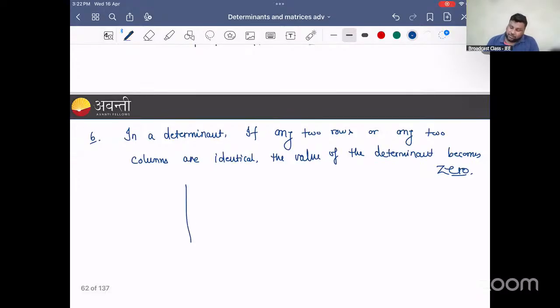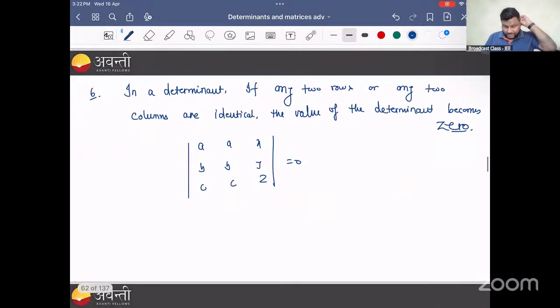That means if I talk about the value of the determinant of ABC, XYZ, then its value goes 0. Correct? And this can be easily achieved if you expand this determinant along the third column. Understood?